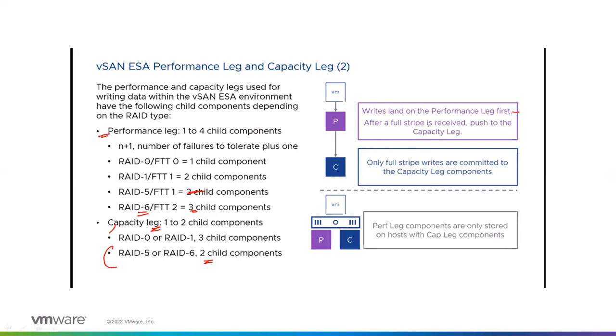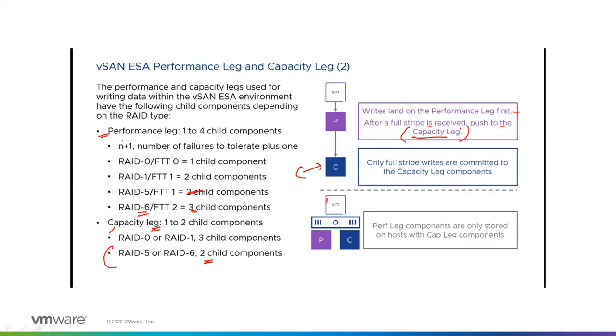After a full stripe of data is received, it will be pushed to the capacity leg, right? Kind of, not exactly, it works like my cache tier here. Then once data is received, it will be written to my capacity tier. Correct?